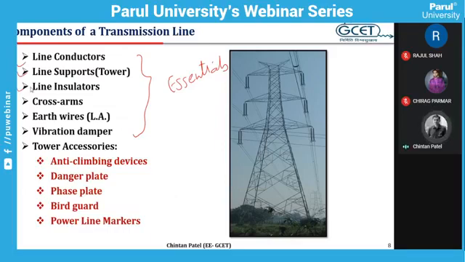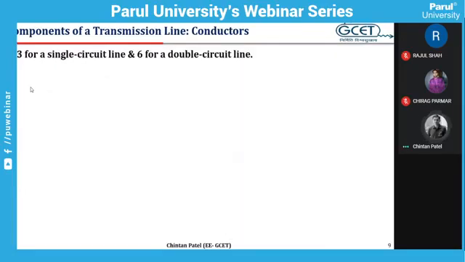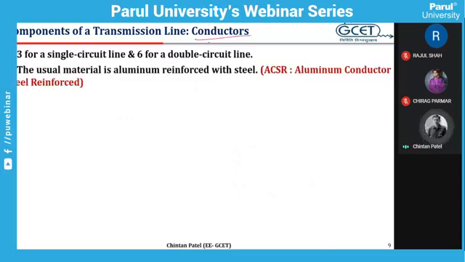I will show you a lot of photographs taken from practical power transmission lines and discuss the function and features of each component very briefly. So the first is line conductors. We know the function of the line conductors is to carry the power or current. Generally, 3 conductors are used for a single circuit line and 6 conductors are used for a double circuit line.